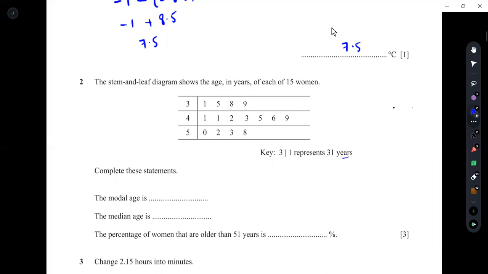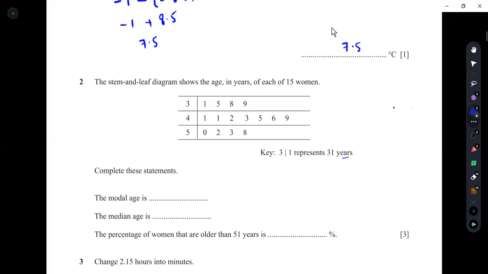So we are asked to complete these statements. The first statement is the modal age. So modal age means what is the mode of this set of data? And what is the mode of any data? Mode is the most repeated, the most occurring number. So the age which has occurred the most number of times will be the modal age.